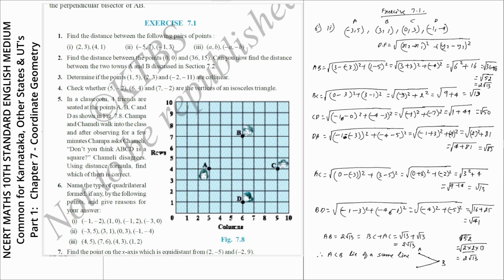So since A, C, B are lying on a straight line, the given points are not the coordinates of a quadrilateral. In fact, it's a triangle. ADB makes a triangle, and C is a point on line AB. Therefore ABCD is not a quadrilateral.